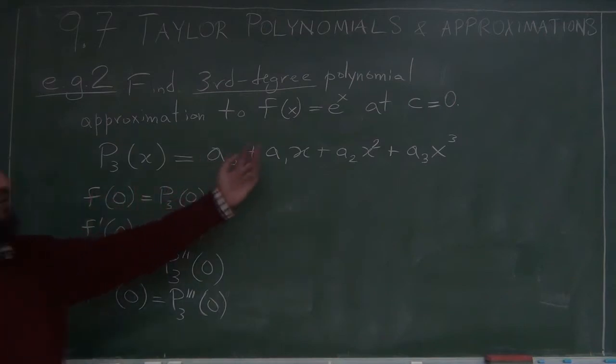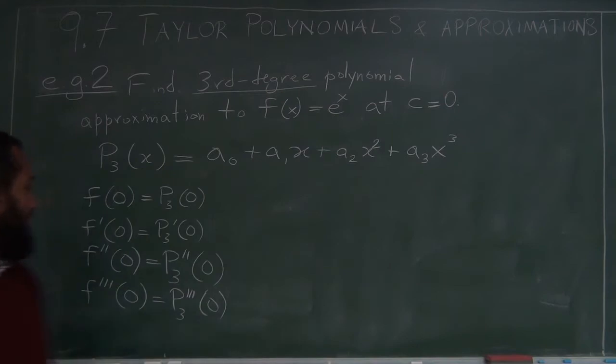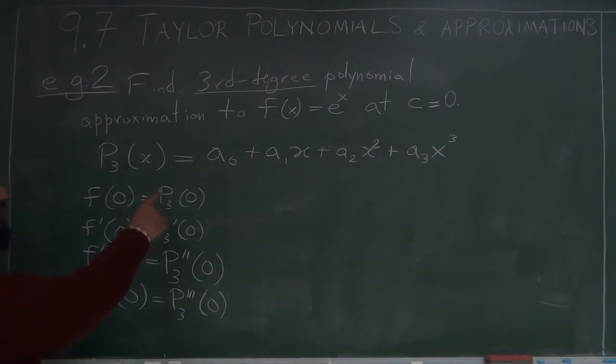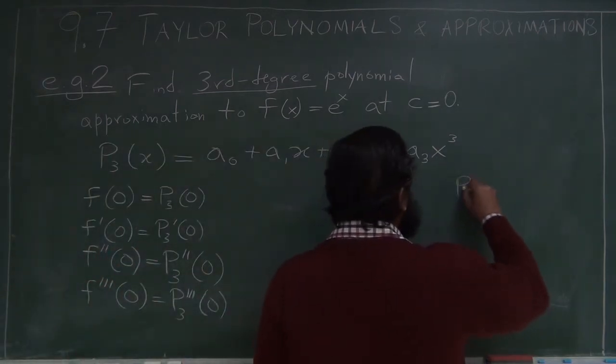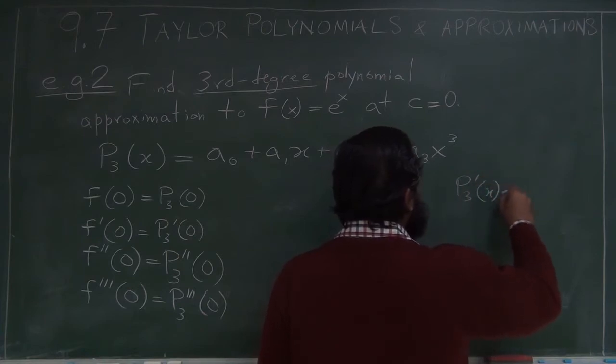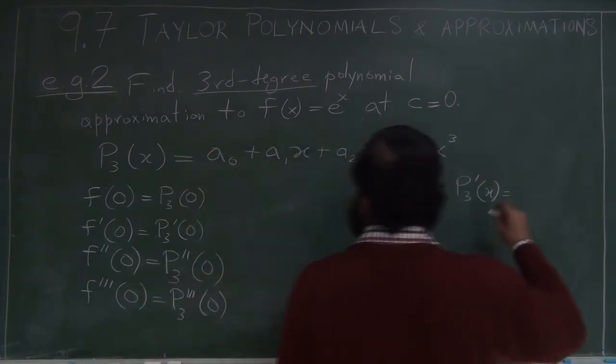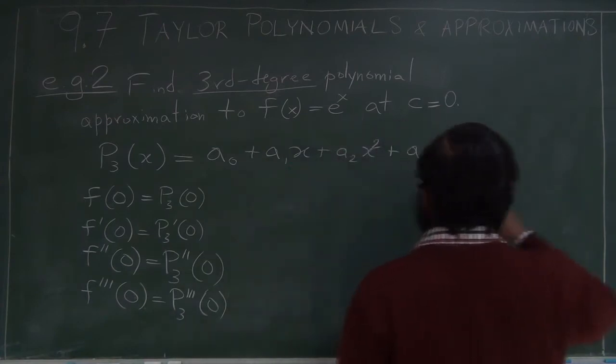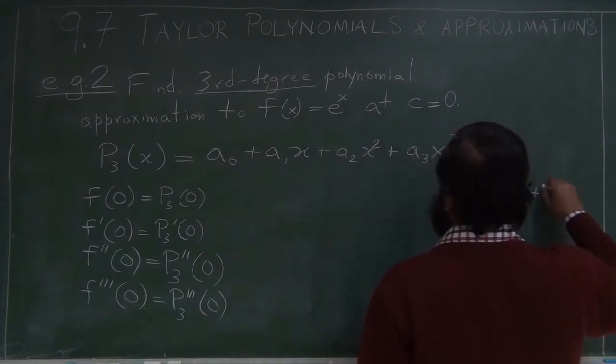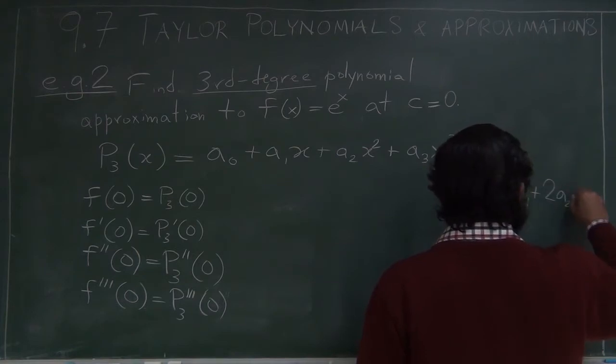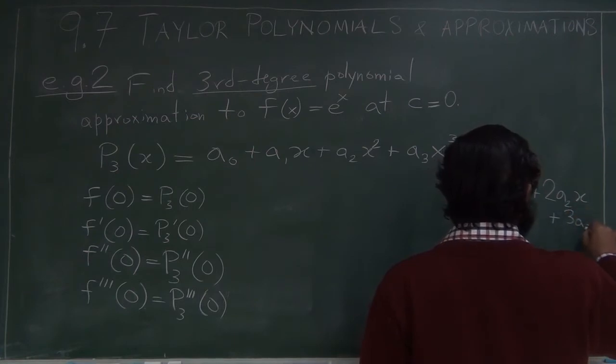Now, for this particular example, f of x equal e to the x, the higher derivatives are easy to compute. The derivative of e to the x is e to the x, so every higher derivative is e to the x. Plug in 0, you get 1. Let's write down the higher derivatives of p3 on the side. The first derivative is, a0 vanishes, a1 plus 2a2x plus 3a3x squared.